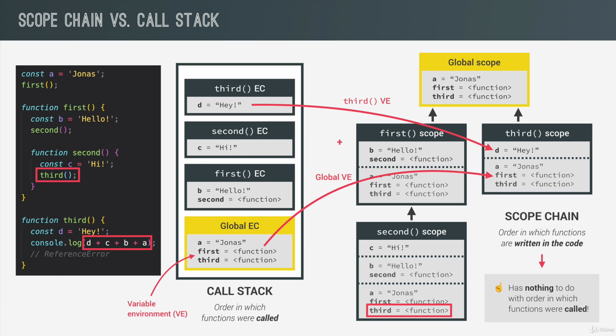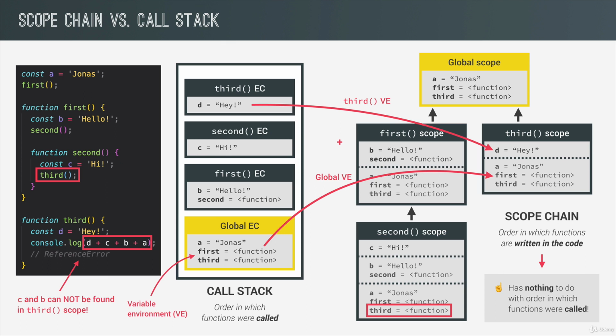And so here is even more proof that the order in which functions are called does not affect the scope chain at all. And so here, as a result, we get the reference error because both c and b cannot be found in the third scope nor in the scope chain.